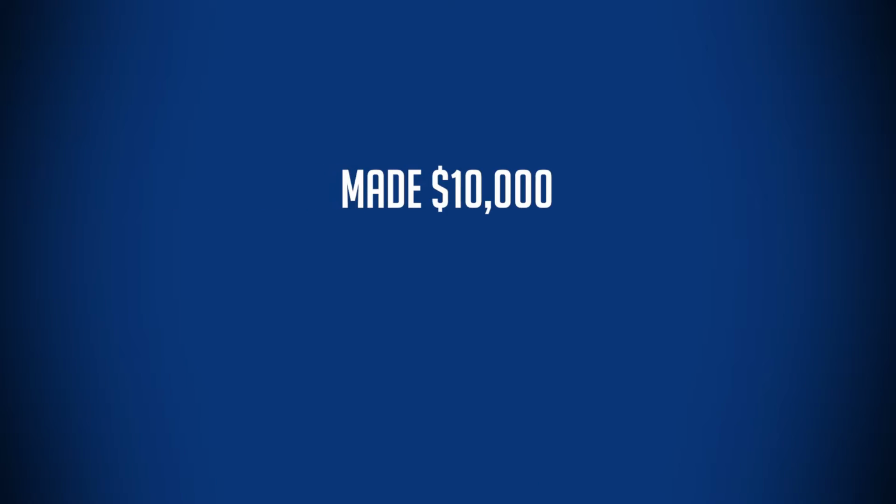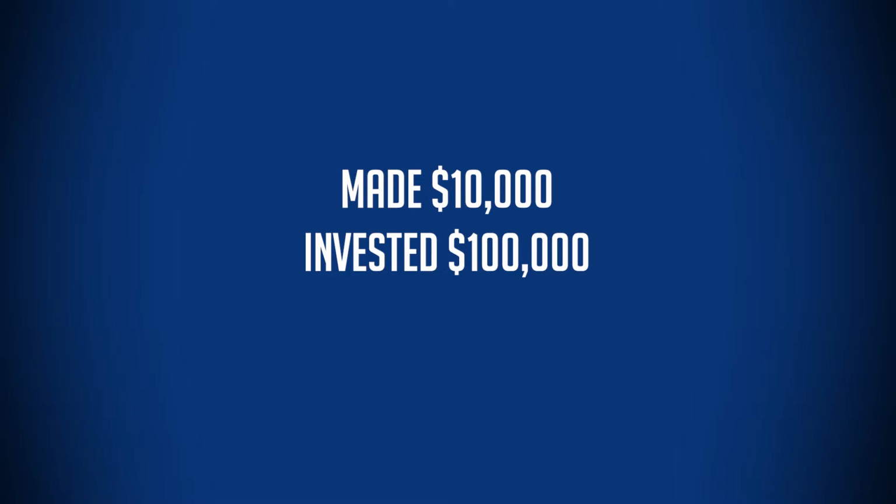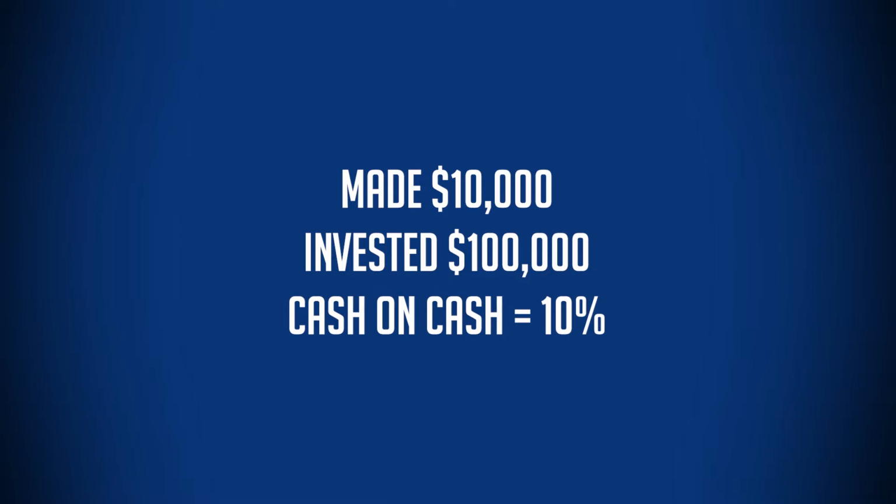One of the things that we look at is cash on cash return. Cash on cash return is really just a simple way of saying: I make this much profit in a year, and I divide it by how much I invested. So if I made $10,000 in that year and I invested $100,000, my cash on cash return is 10%.